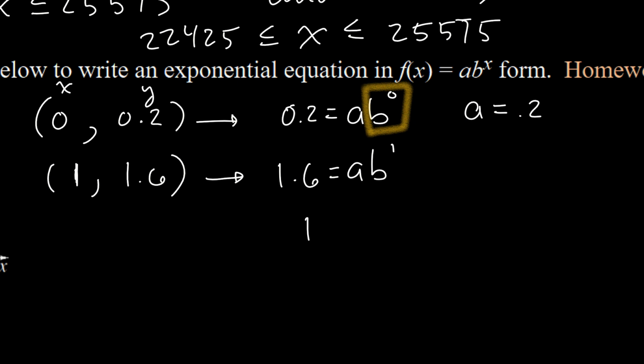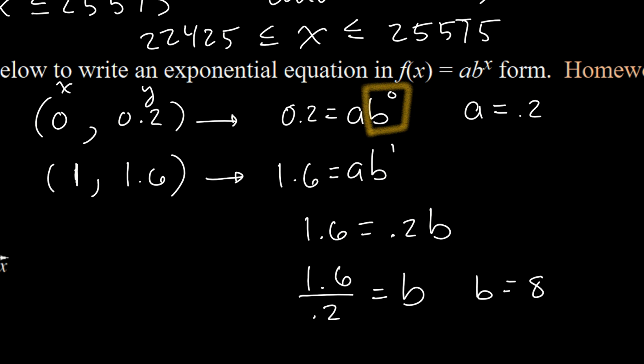So my second equation becomes 1.6 is equal to a, which is 0.2, times b to the 1st power. Well, b to the 1st power is just b. So I'm just dividing both sides by 0.2. So I've got 1.6 divided by 0.2 is b. And when I verify that with my calculator, I get that b is equal to 8.